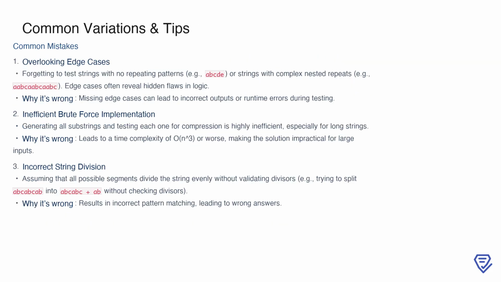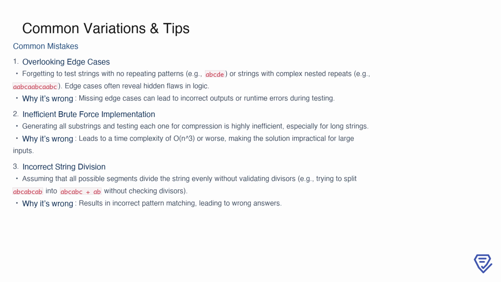Now let's consider the space complexity of the solution. The primary contributor to space usage is the dynamic programming table, or DP table, which is a 2D array of size n by n. Each cell in this table stores the shortest encoded string for a specific substring of the input, meaning the space required for the DP table is n squared.